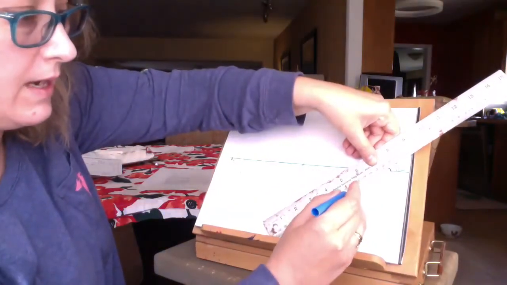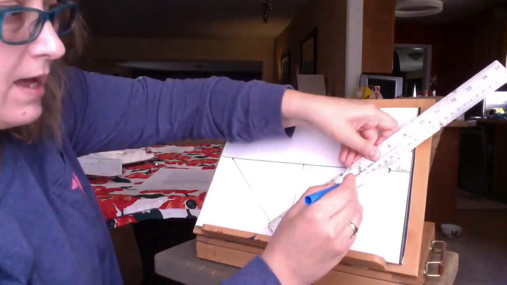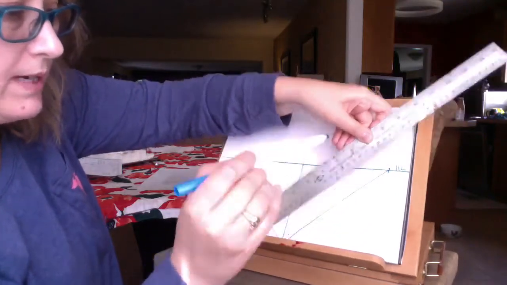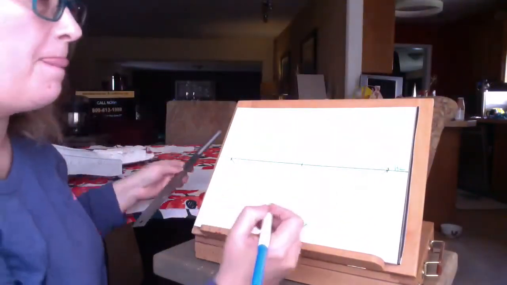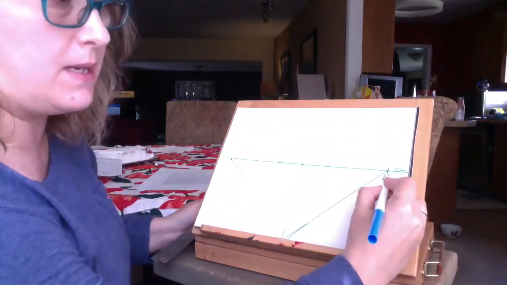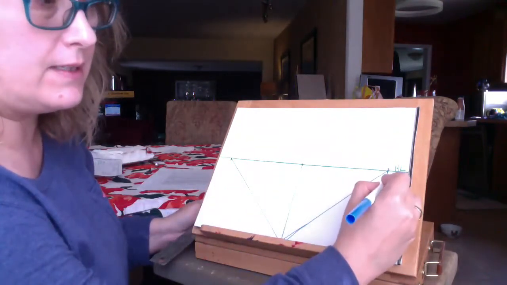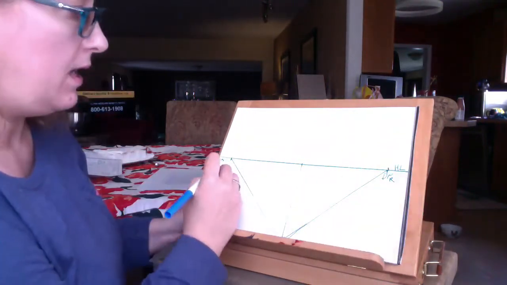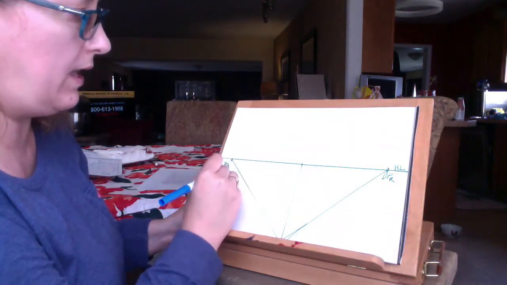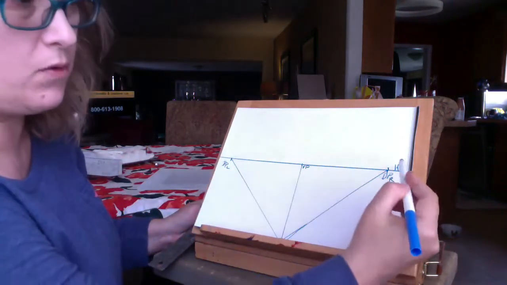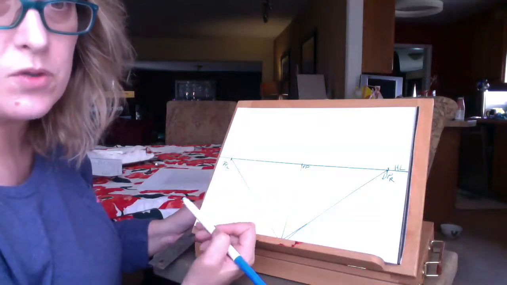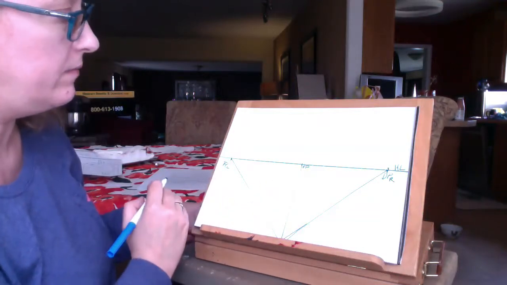So again, I'm going to connect my distance point to my station point. Okay, so these are going to be my DP, and I have a distance point right, and I'll have a distance point left. This is going to be my vanishing point, and of course this is my horizon line, so I'm using all abbreviations.